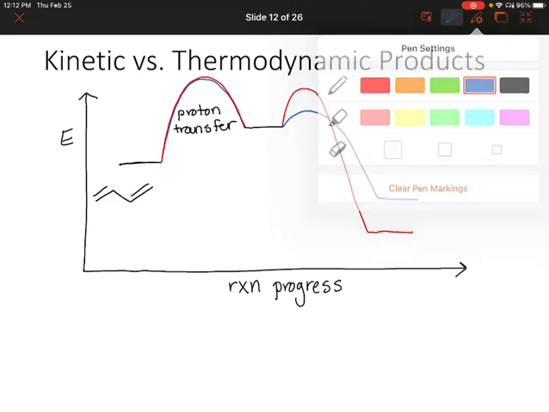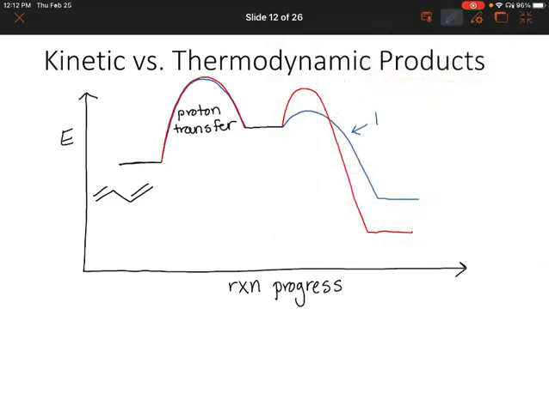All right, so the blue line has a lower activation energy. So the activation barrier is really, really low.